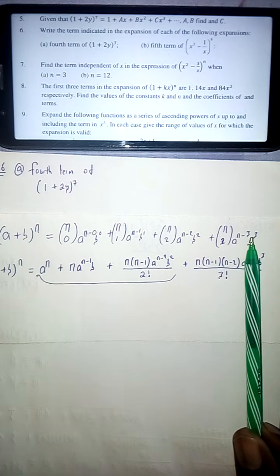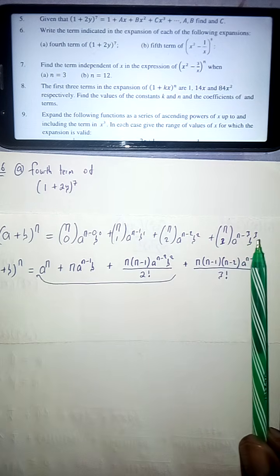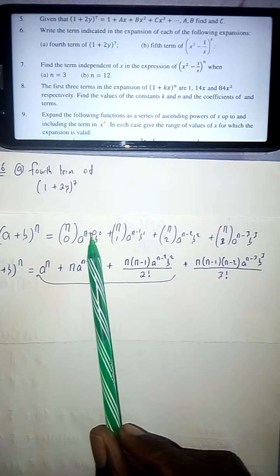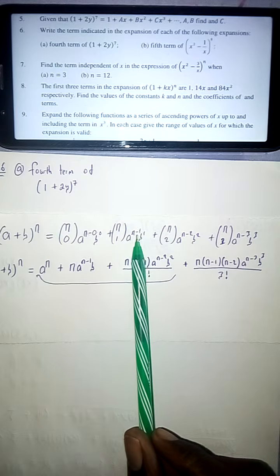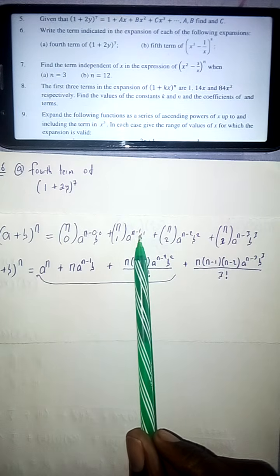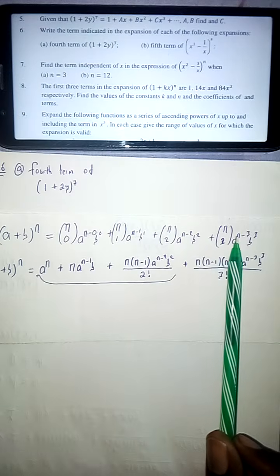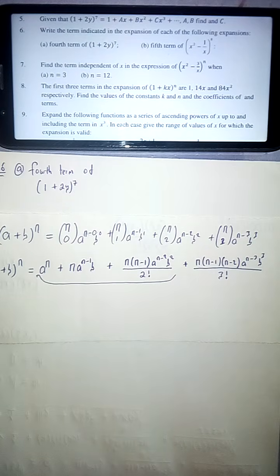That's just another way of saying it. When you have a power of 0, that's the first term. A power of 1, that's the second term. A power of 2, that's the third term. A power of 3, that's the fourth term.